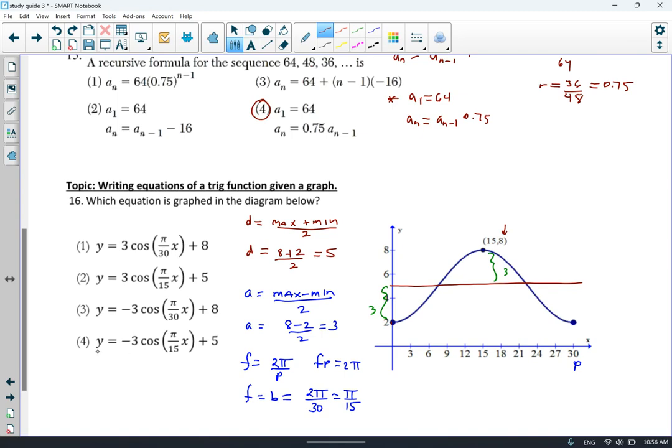You negate the amplitude. So you put a negative in front of the amplitude. So our final equation is y equals negative 3 cosine pi over 15, whatever the angle you're representing it as, in this case x, plus the vertical shift of 5, and that looks like it's choice 4.